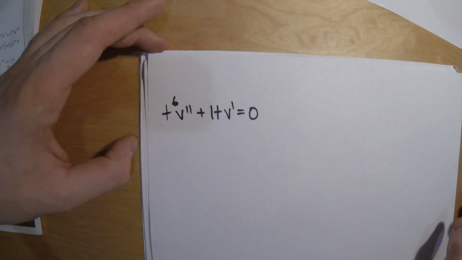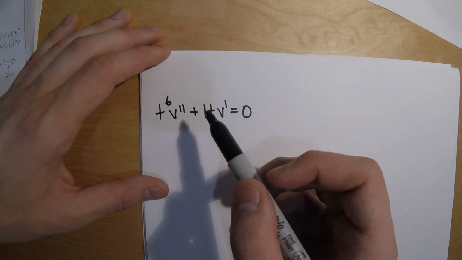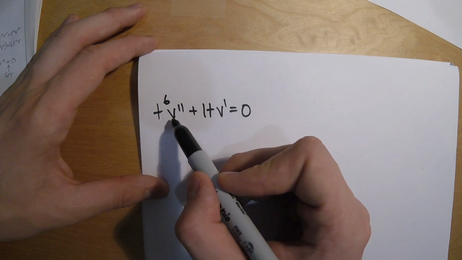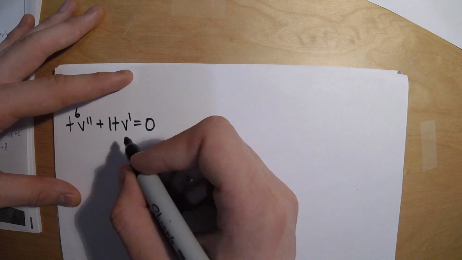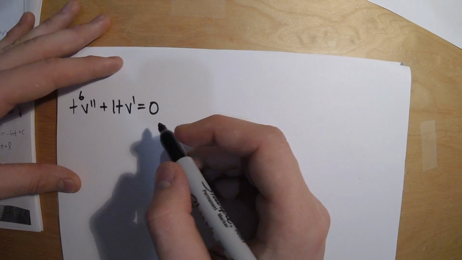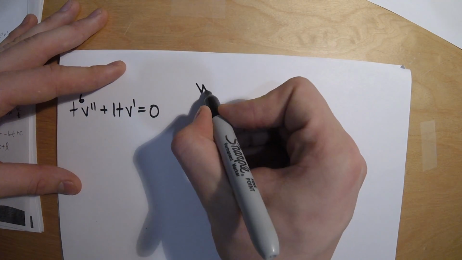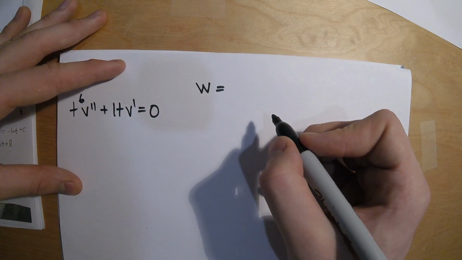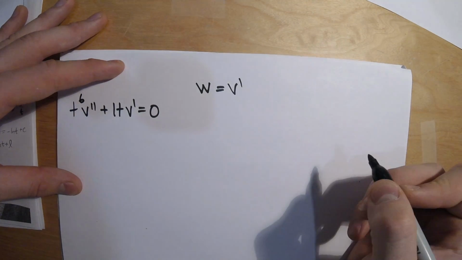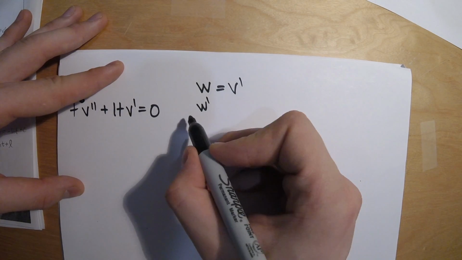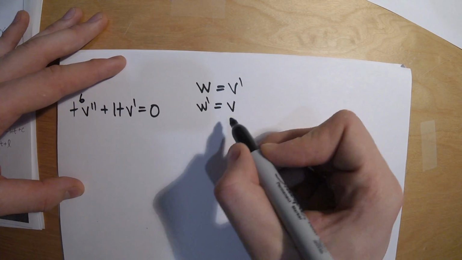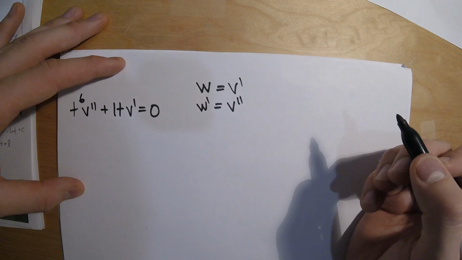Okay, so now we have to solve this differential equation. However, we have a v double prime, right? So our next step, after we found this out, is going to be w equals v prime. So in that logic, if you take the derivative of w, it's going to be v double prime, right?